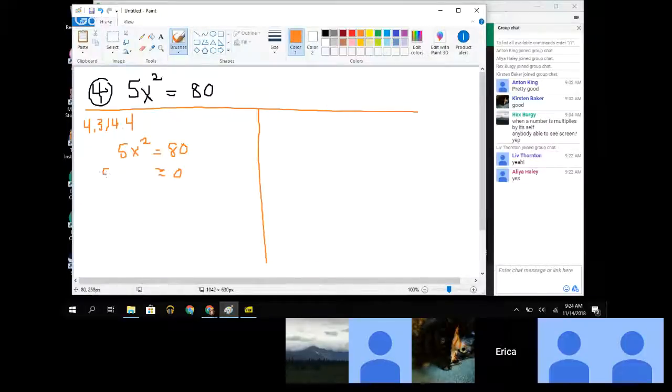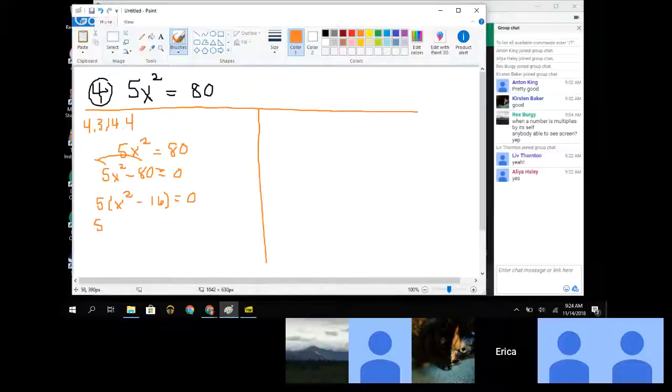So we can rewrite this as 5x squared minus 80. Let's take 5 out of both sides, so we get 5 times x squared minus 16 equals 0. This is a review of what we've done the last 2 classes.